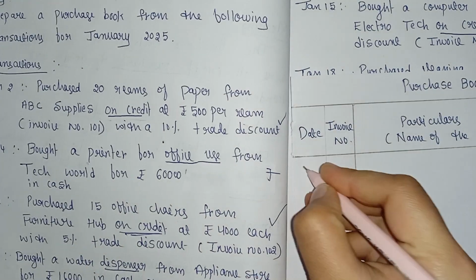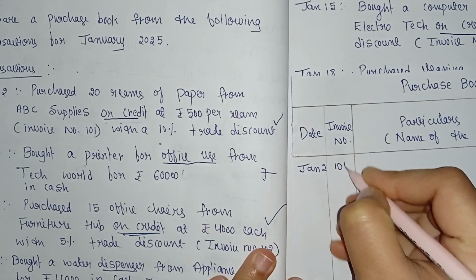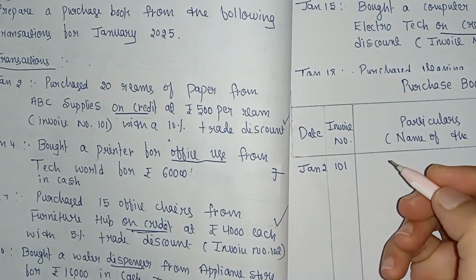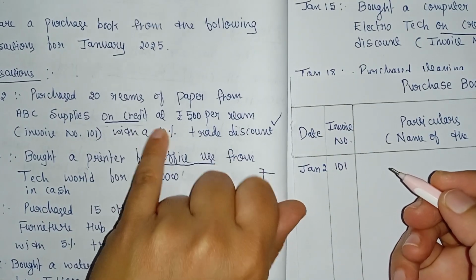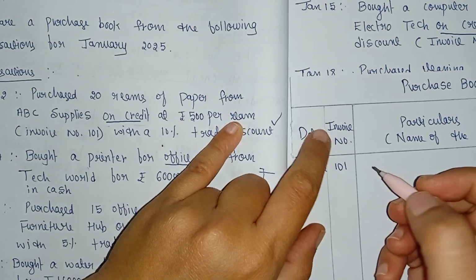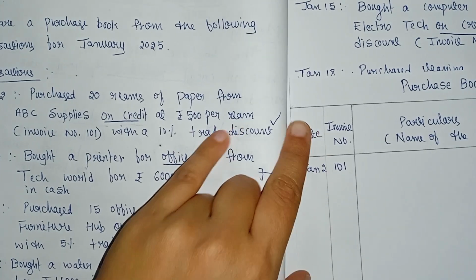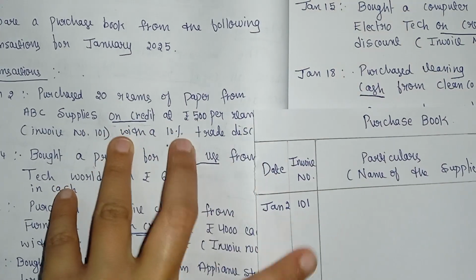First one is on Jan 2nd, invoice number 101. See here, purchased 20 reams of paper from ABC Supplies on credit at rupees 500 per ream. We have to first enter the name of the supplier, that is ABC Supplies.